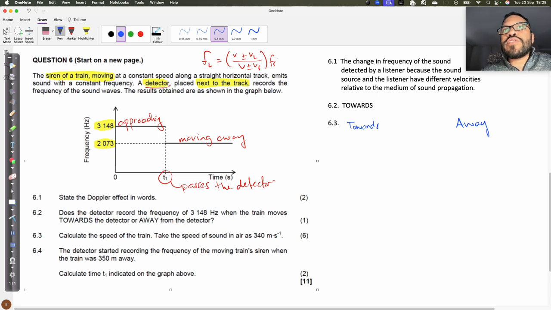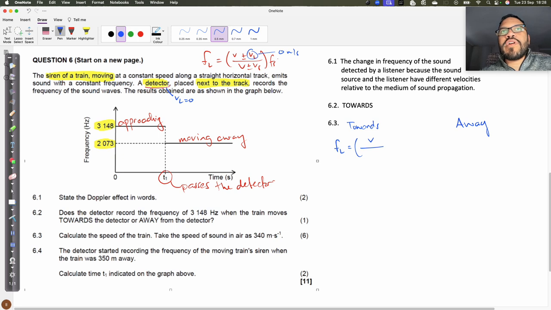Now in towards, you're going to have the frequency of the listener is equal to v, right? But we know that the listener is stationary. This here, vL is equal to 0. And how do we know that? We know that because the detector is placed on the train tracks. It's not moving. So we're going to just have v on top because the value of vL is 0, right? Meters per second. So this will be v.